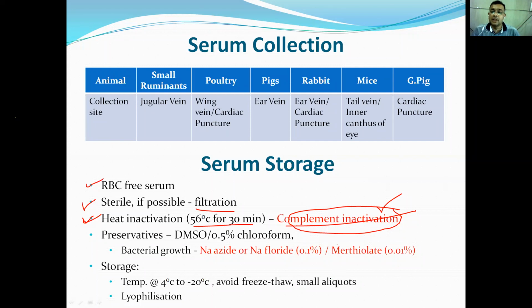Sometimes some literature also tells to add merthiolate at the rate of 0.01% to store the serum for longer duration. Now, after adding preservative, you can go for storage of that serum.